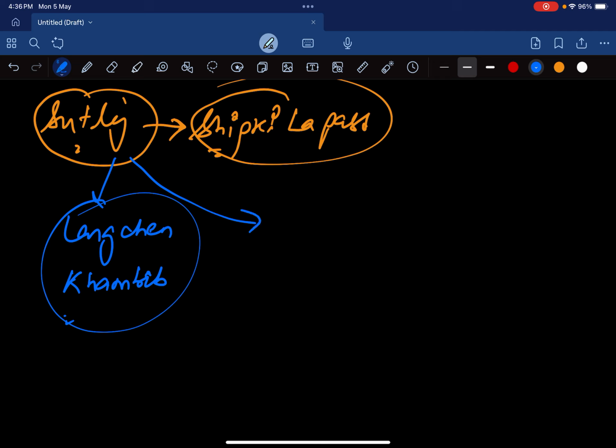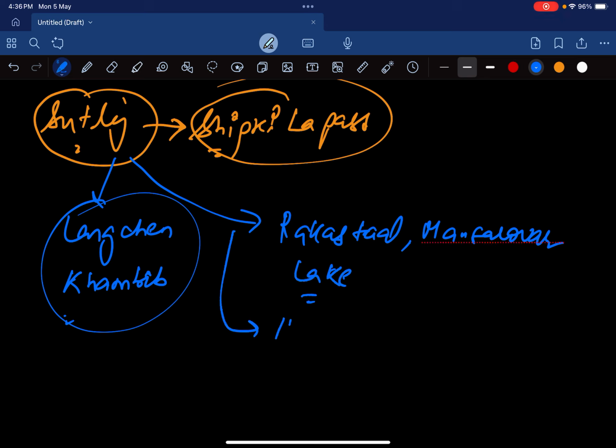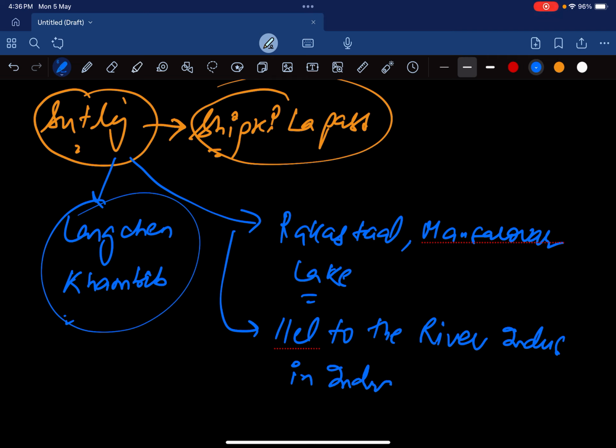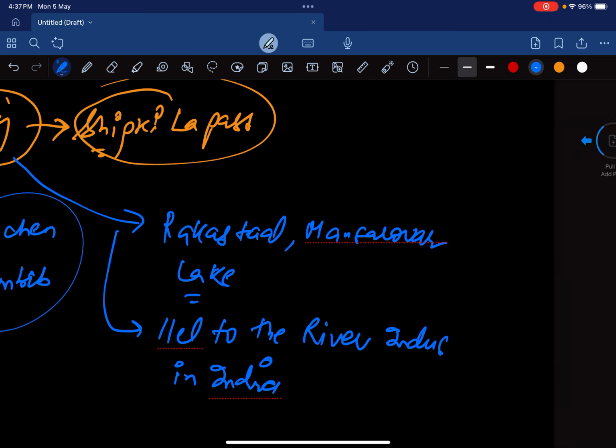It has its origin from the Rakas Tal near Mansarovar Lake. Right? And it flows parallel to the river Indus in India. Right? Now we are done with the Indus river system.